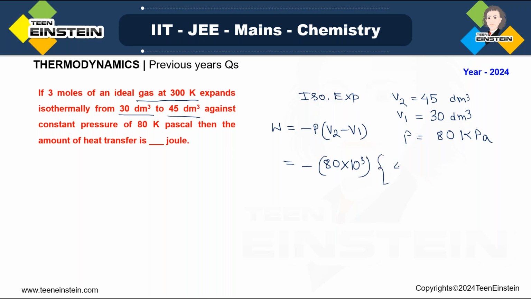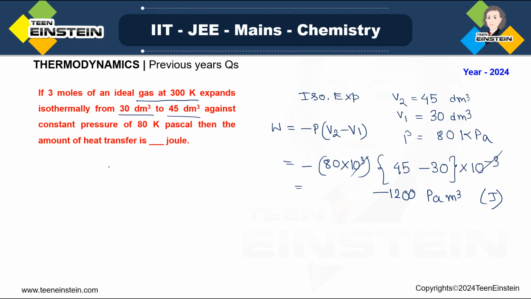Now V2 is 45 minus 30, but we will convert both these volumes from dm cube to meter cube, so that is why 10^-3, but these two will ultimately cancel, and it is basically 80 multiplied by 15 with a negative sign, and the unit is Pa meter cube, which is nothing but joule.